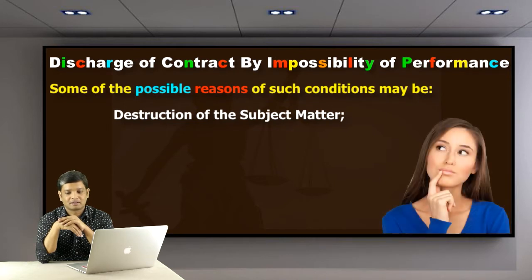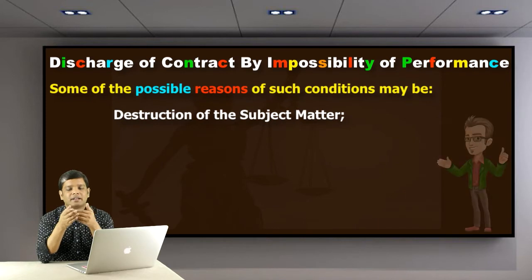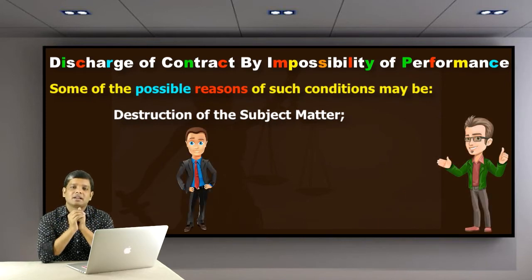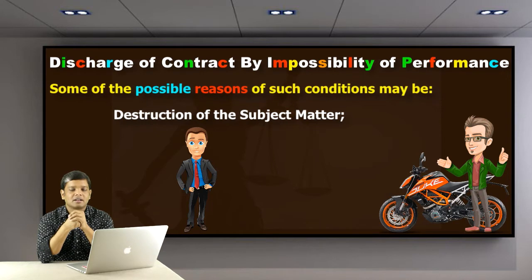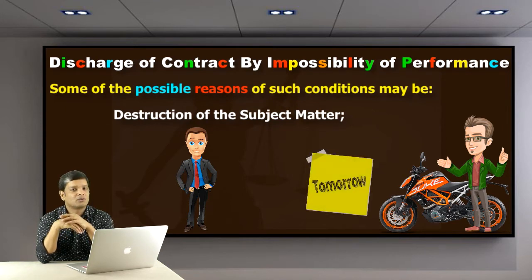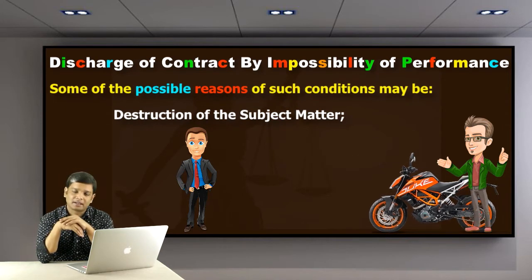What does it mean? Destruction of the subject matter. Your friend comes to you and both of you agreed that you will buy his bike. Because he wanted to sell that bike and he approached you, so you agreed that you will buy his bike. He said that tomorrow I will come and deliver the bike.